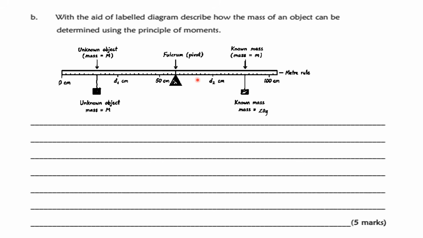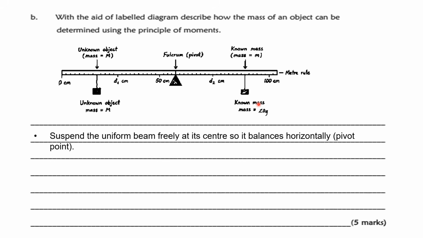So how can we use this to determine the mass of the unknown object? So you set up this apparatus as shown. This can be given 2 marks depending on the discretion of the examiner. So we suspend the uniform beam freely at its center, so that it balances horizontally at the point.